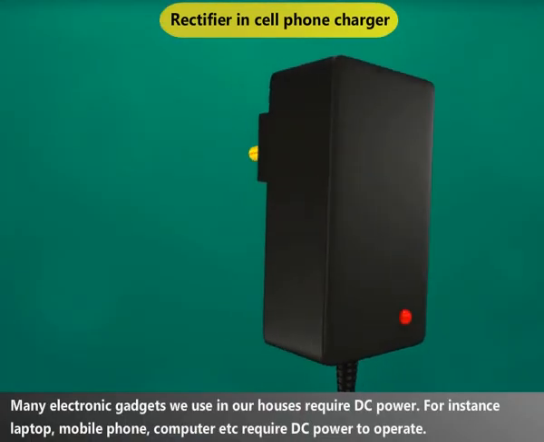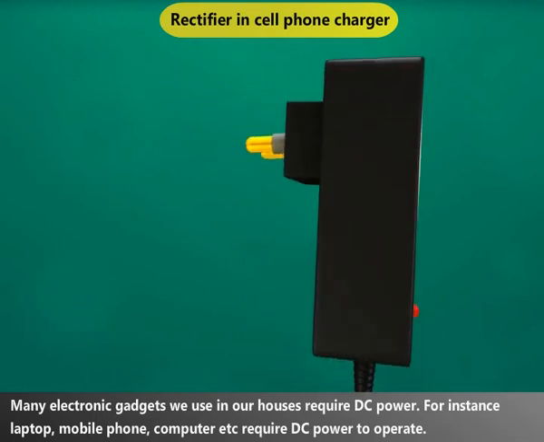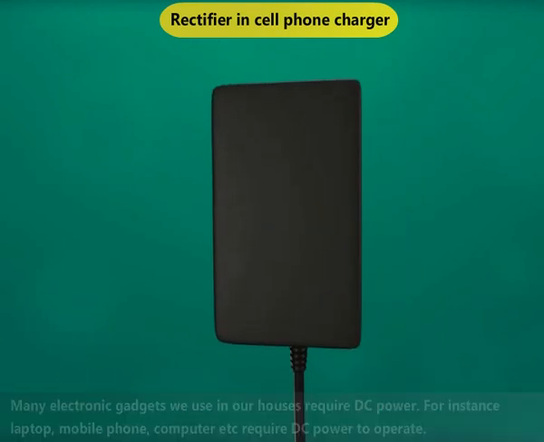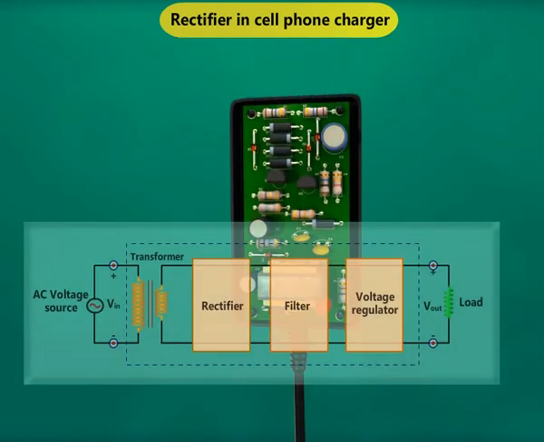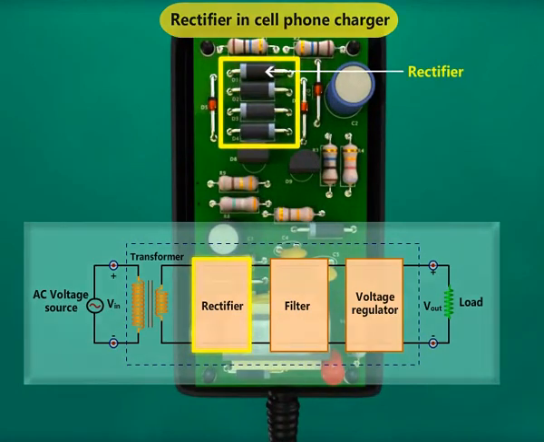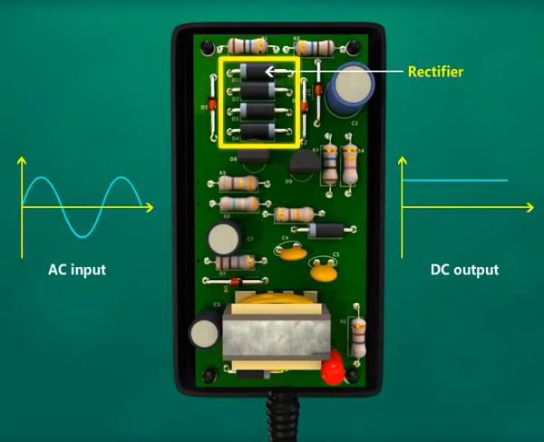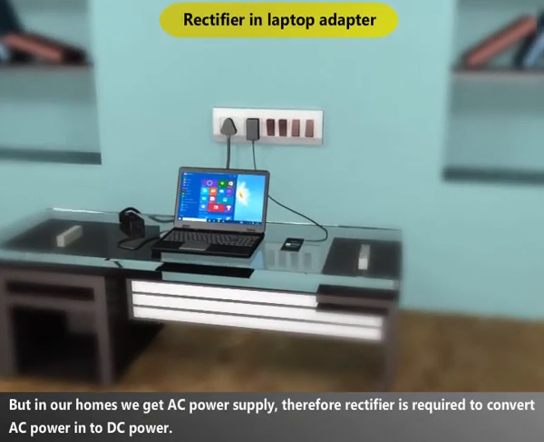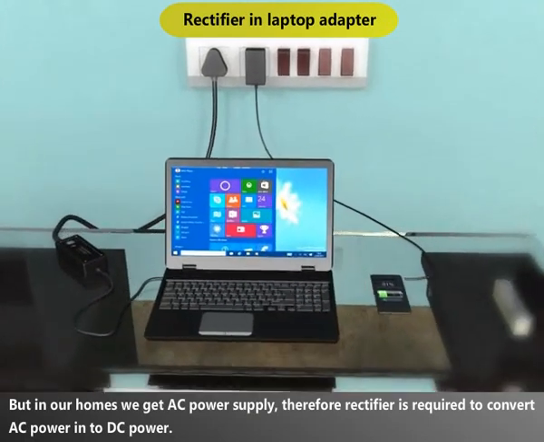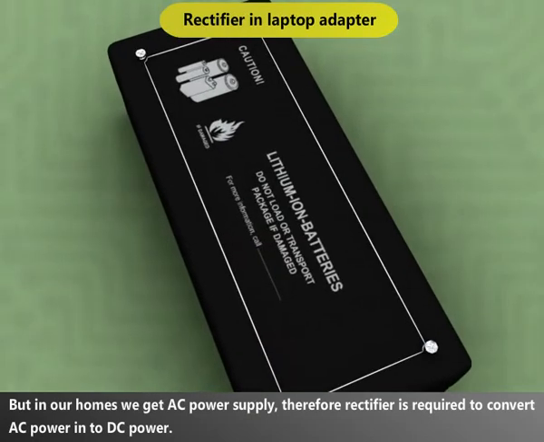Many electronic gadgets we use in our houses, for instance laptop, mobile phone, computer, etc., require DC power to operate. But in our homes, we get AC power supply. Therefore, a rectifier is required to convert AC power into DC power.